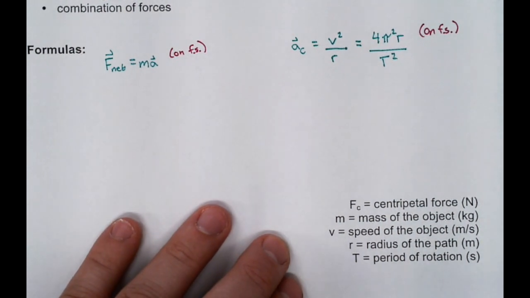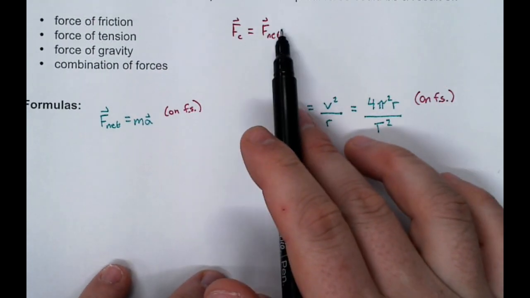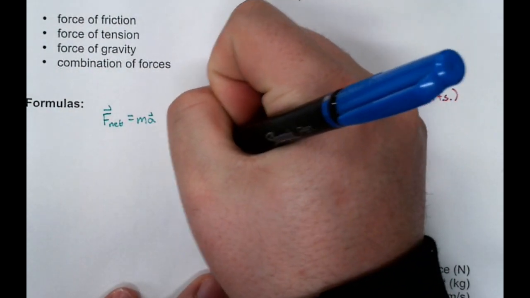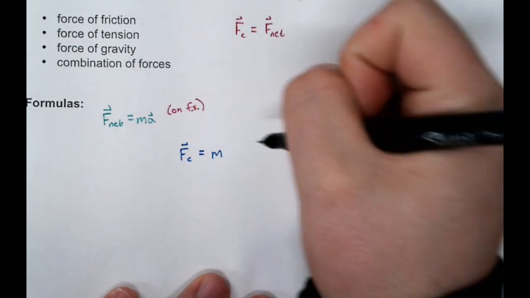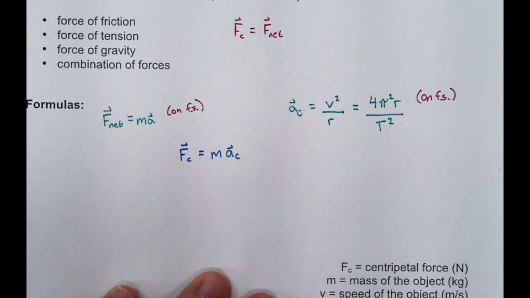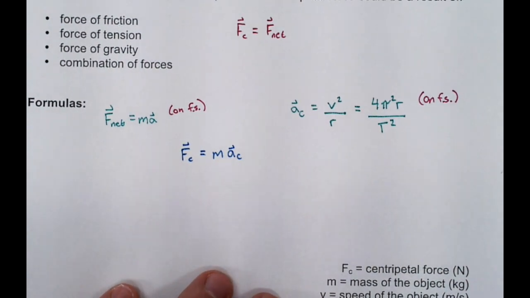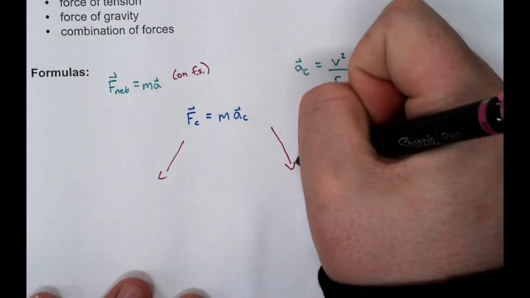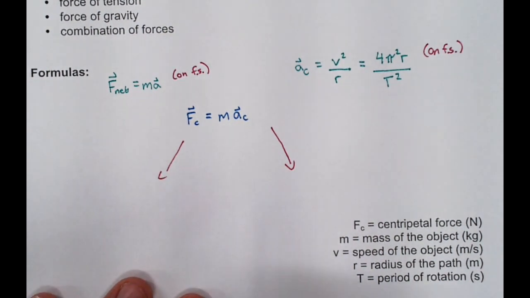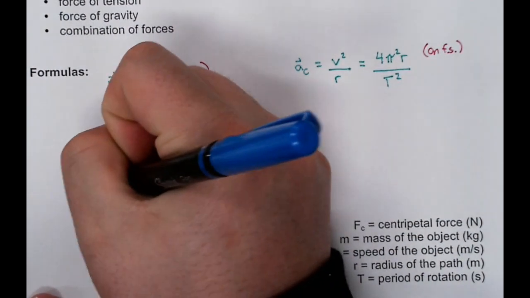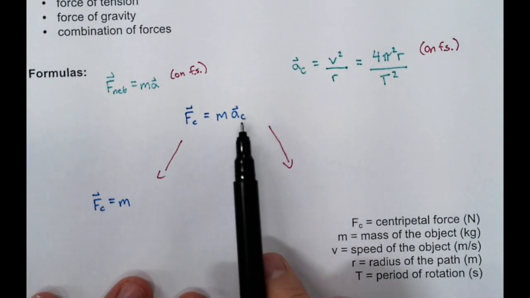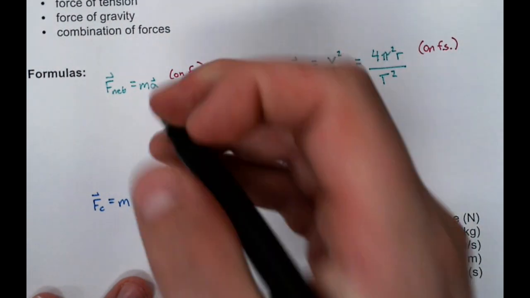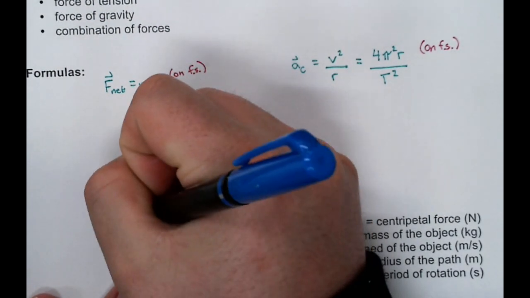Since the centripetal force is the net force, we're going to take this first formula and we can go centripetal force is equal to the mass times the centripetal acceleration. This is a formula that we can use. We can also branch this formula off into two further formulas. Centripetal force is equal to mass times the acceleration, or velocity squared over r. So mv squared over r.